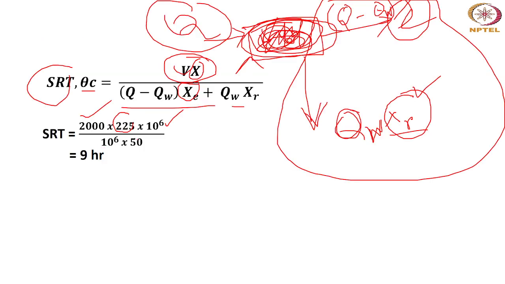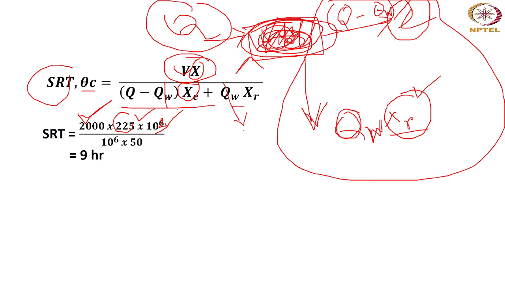And please check this one, I think this will be 10 to the power 3. Please check the calculation because I'm not sure about it. And then basically this is your concentration X and this is the volume. You may need to convert it from meter cube to liter or liter to meter cube, and then this is 0, right?